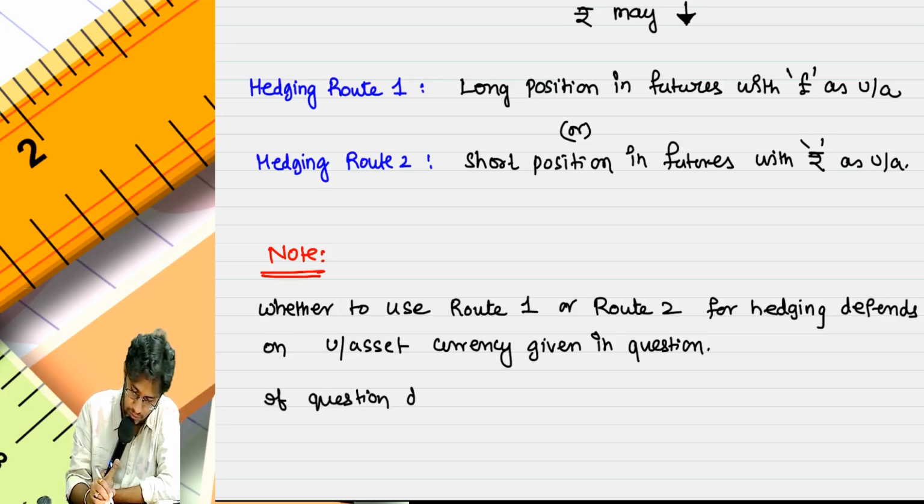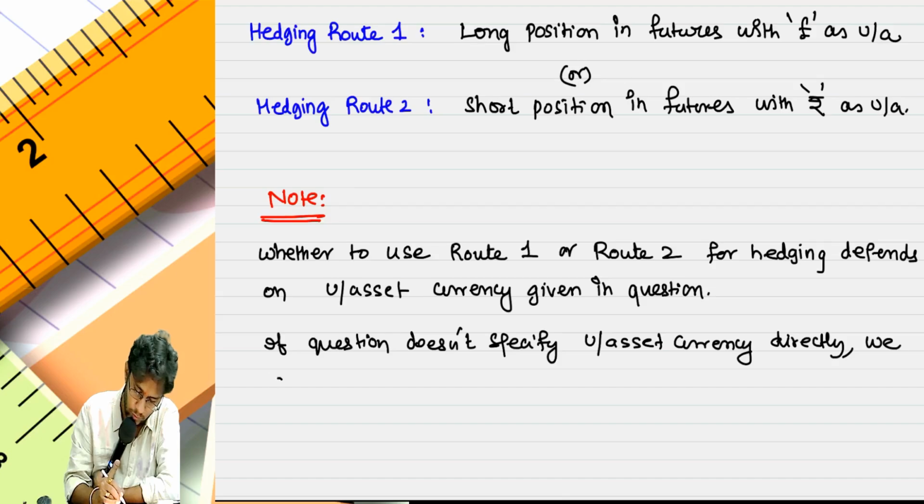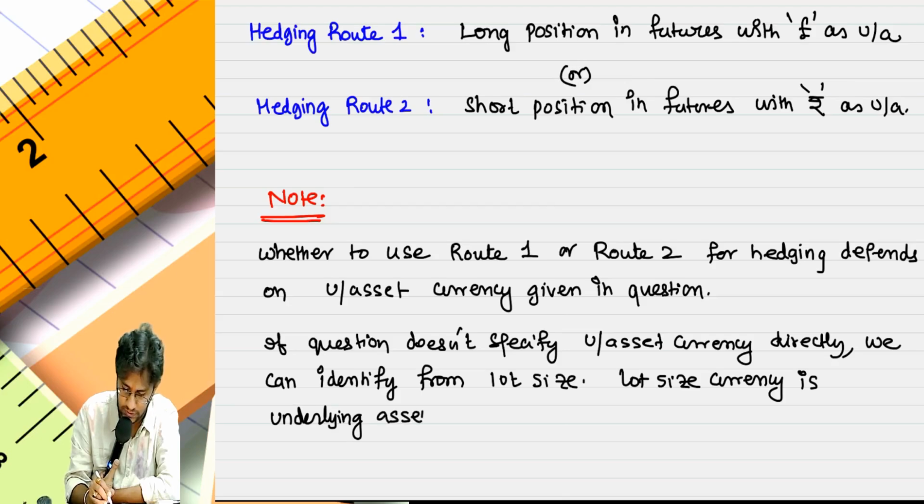If the question does not specify the underlying asset currency directly, we can identify it from the lot size. The lot size currency is the underlying asset currency.